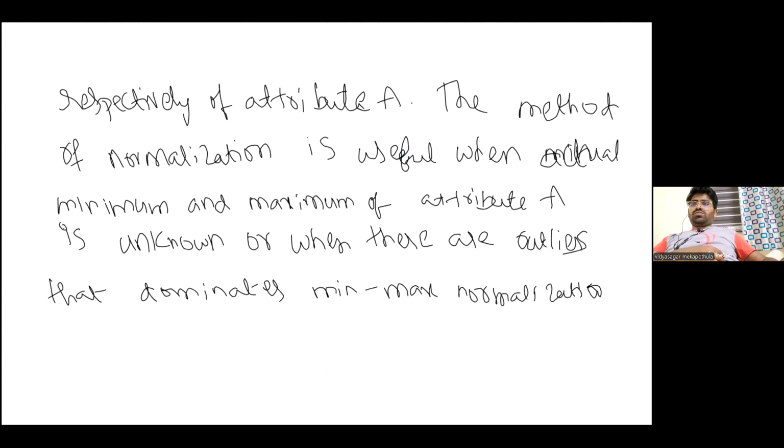V dash is equal to V minus A bar divided by sigma A.